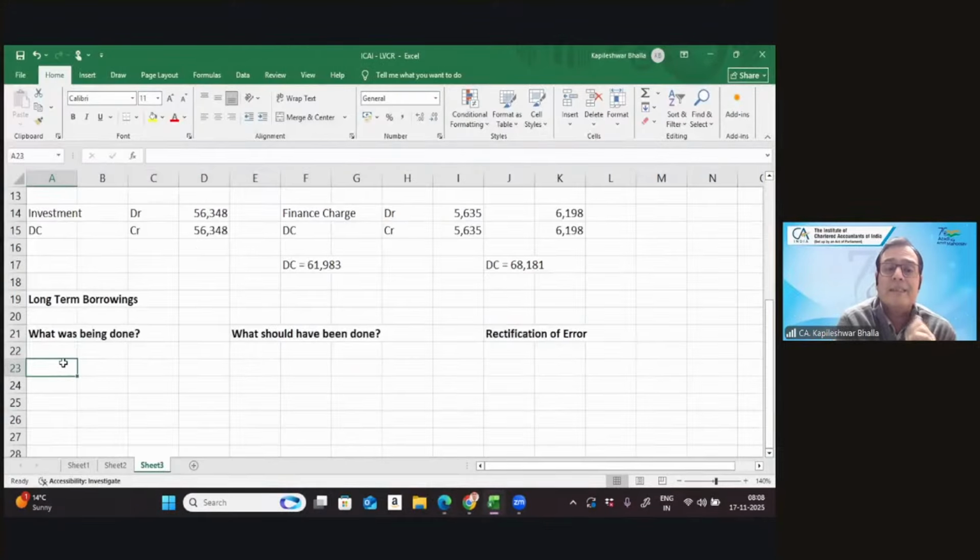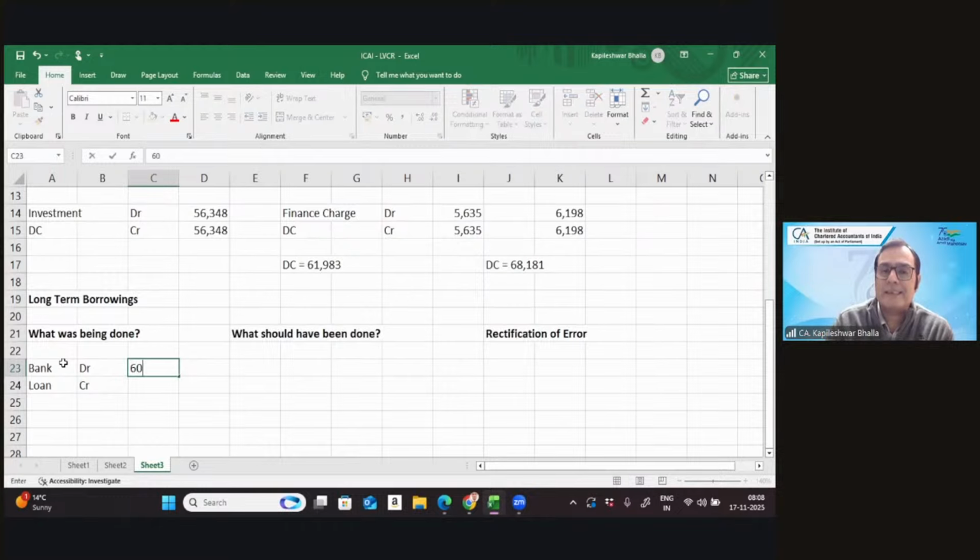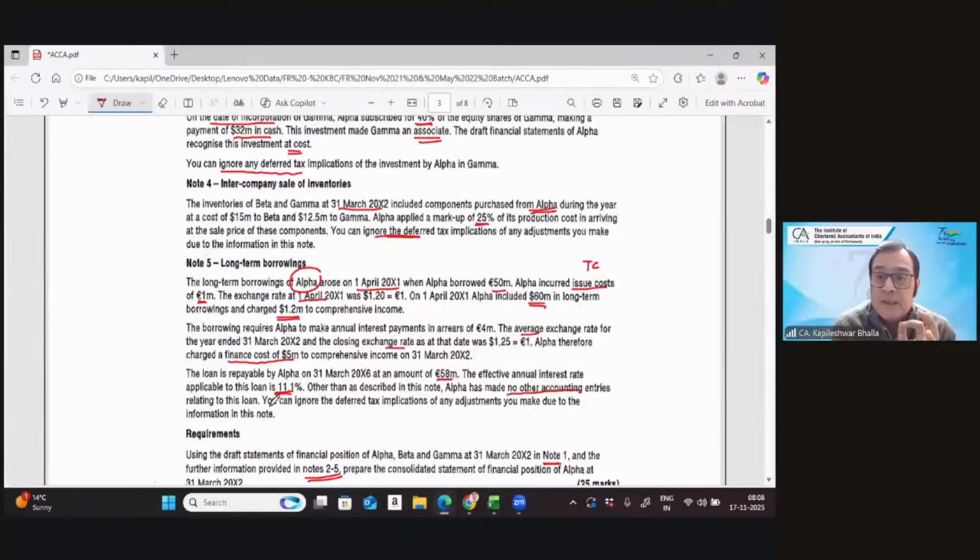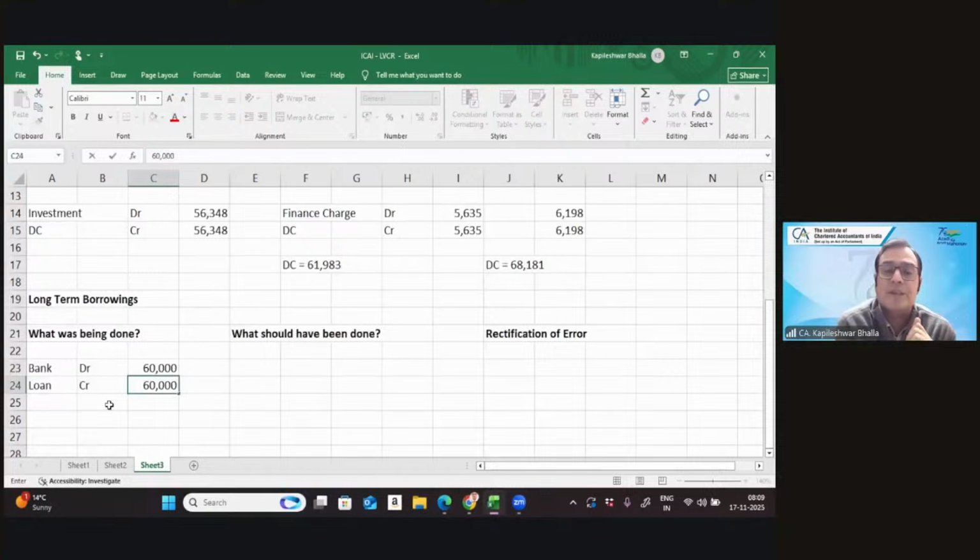So the company did the entry: bank gets a debit and the loan gets a credit, and they recorded this at $60 million. Let's put this in terms of thousand, so 60,000, because we're taking all the figures in thousand. So this is what they did.